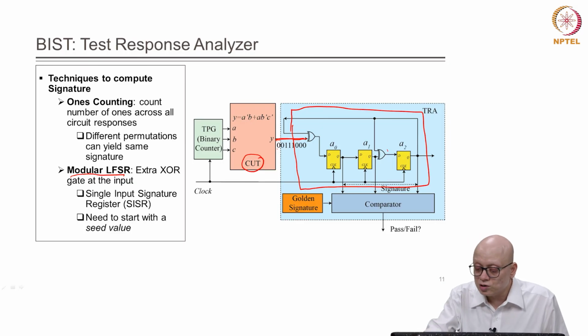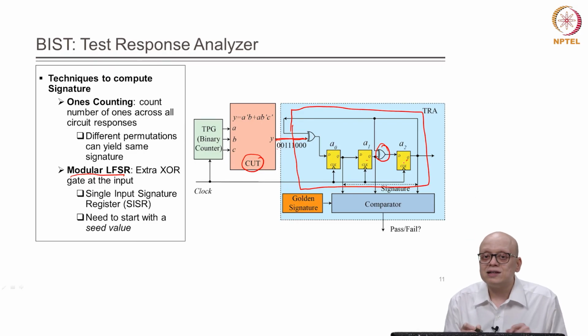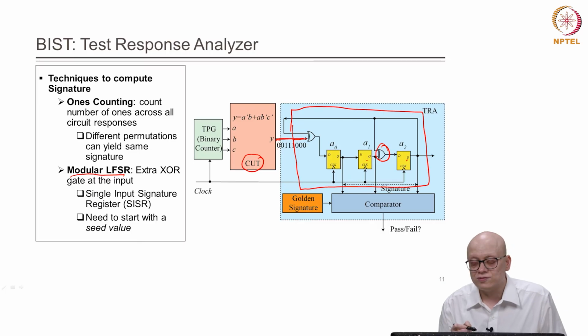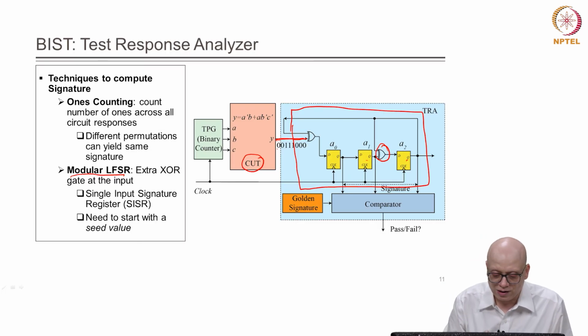It is called modular because this XOR gate is between two flip flops, rather than in the earlier example that we saw, which was a standard LFSR, in which the XOR gate was external to the shift register. But here it is internal to the shift register, and it is known as modular LFSR.